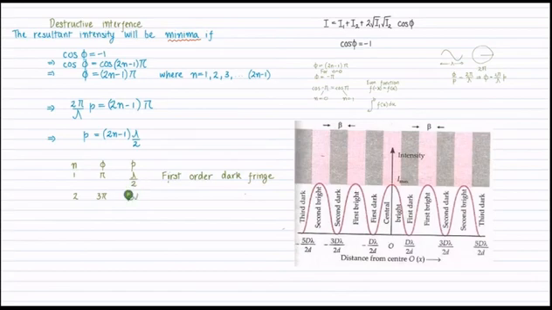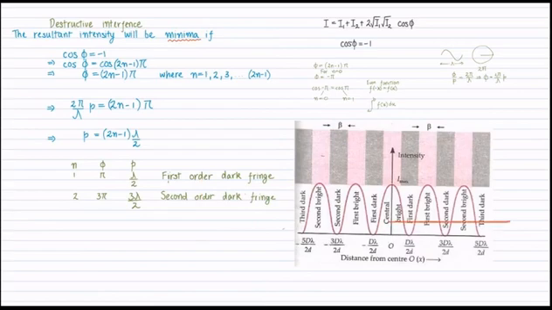So when the path difference is 3 lambda by 2, this will correspond to the second order dark fringe. And the position of the second order dark fringe is 3 times lambda D by 2d. Fine. So in this manner, you can get your first order, second order, third order, fourth order dark fringes, and so on.